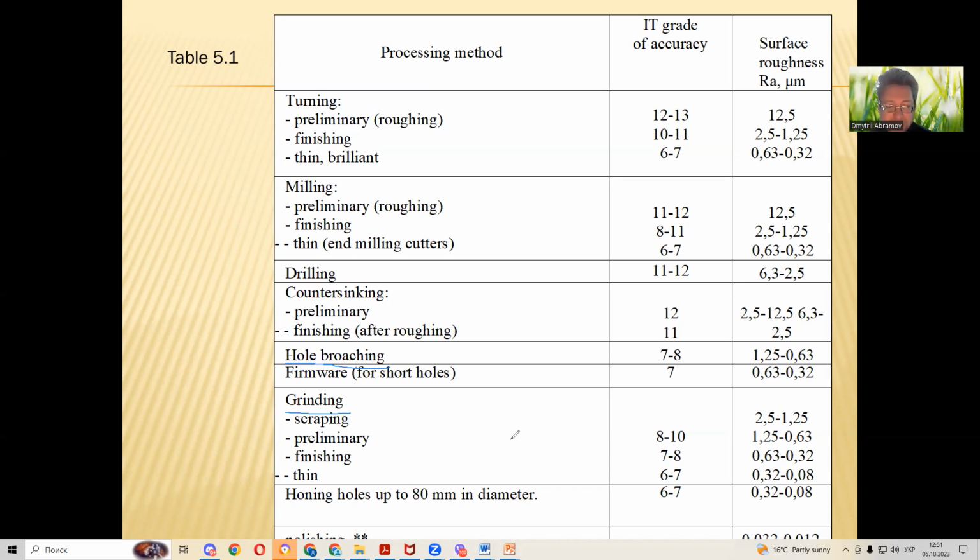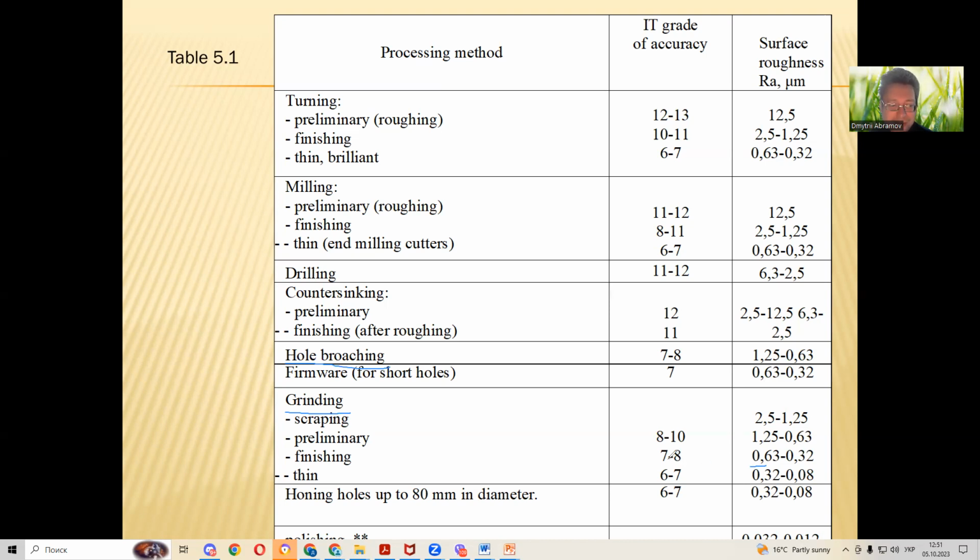For finishing grinding, IT grade 7 or 8, and surface roughness will be equal 0.63 or 0.32.